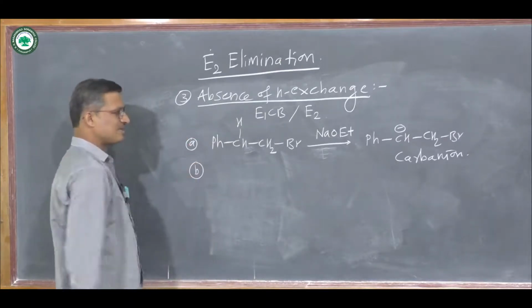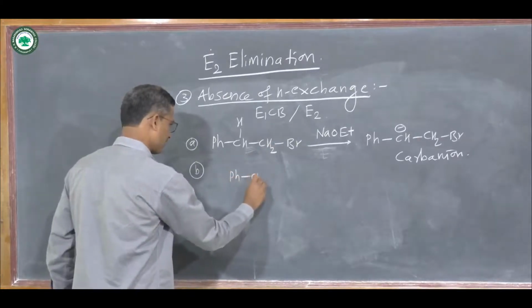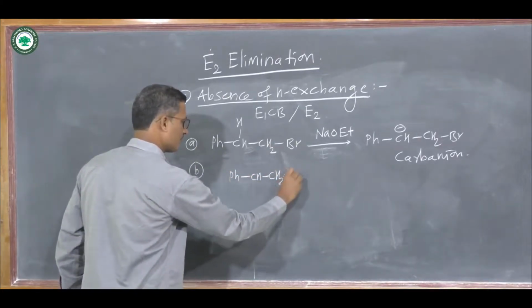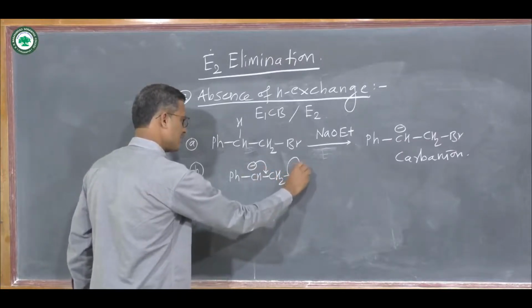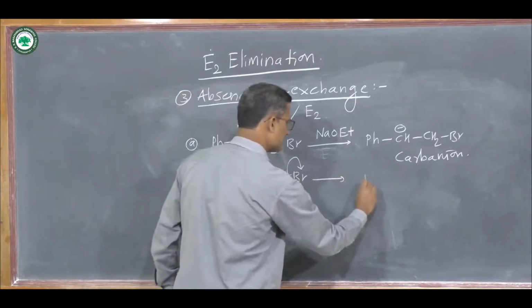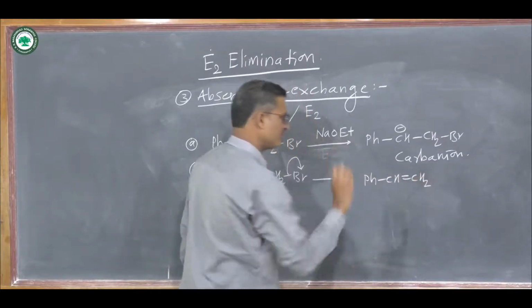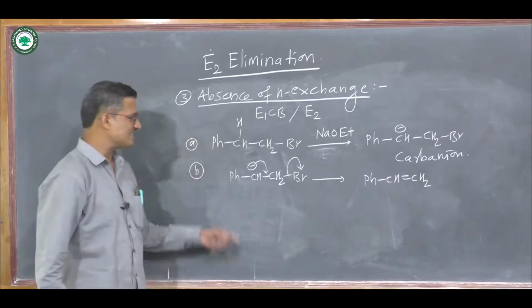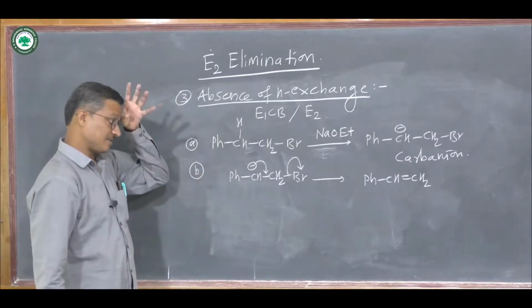What happens in step B? This carbanion gives the electrons here, the leaving group leaves out, and we get the product. It means if your reaction follows E1CB, then such a product forms.